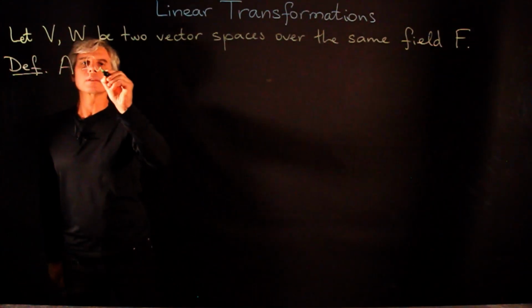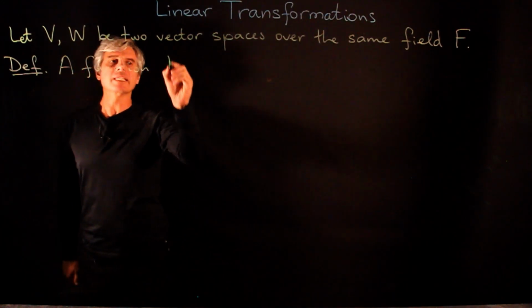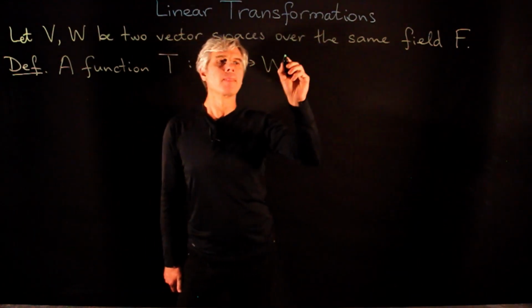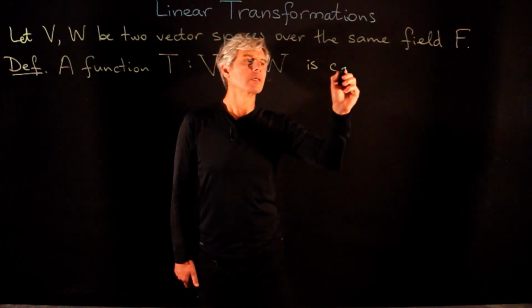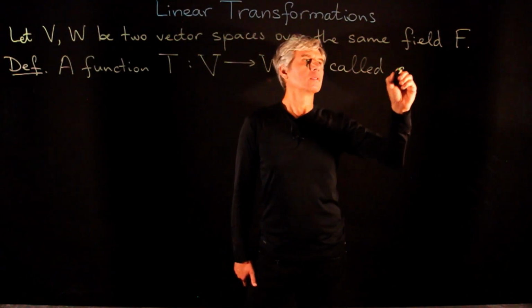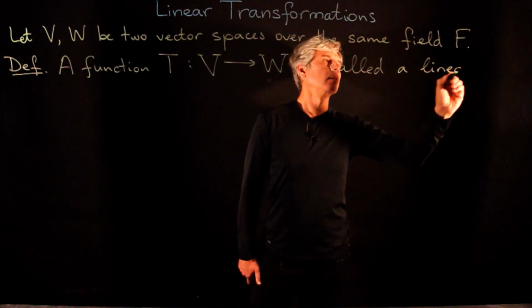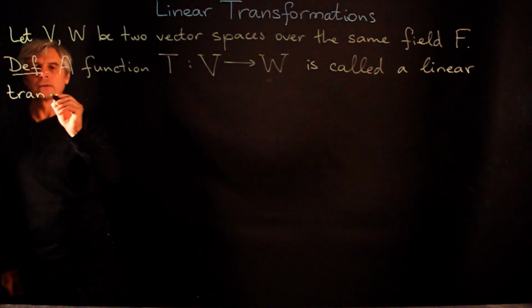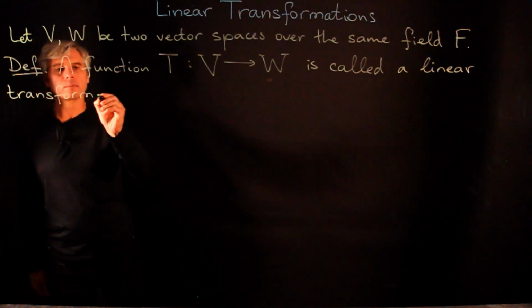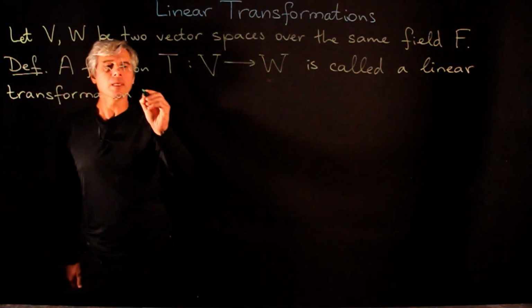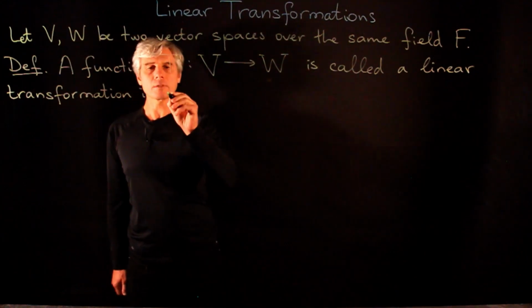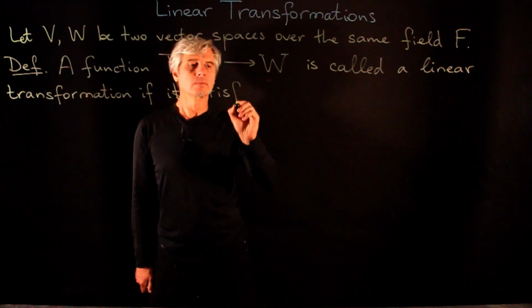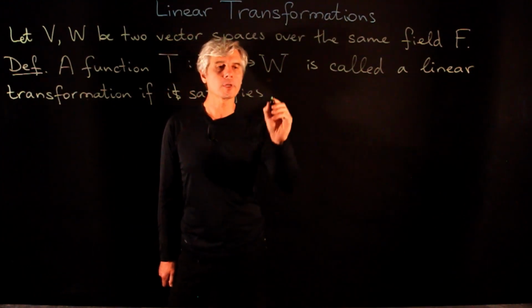A function T from V into W is called a linear transformation if it satisfies two properties.